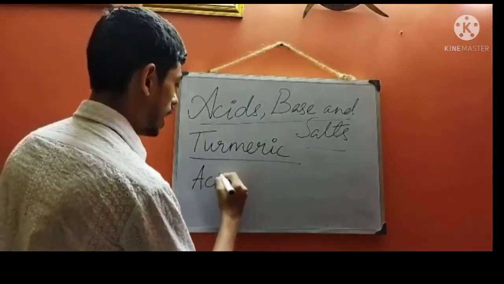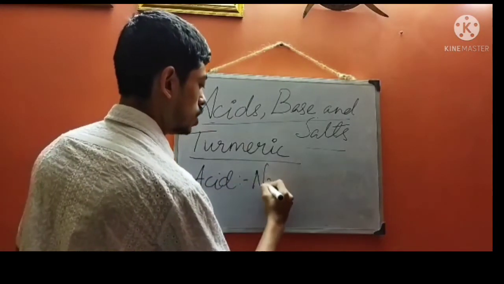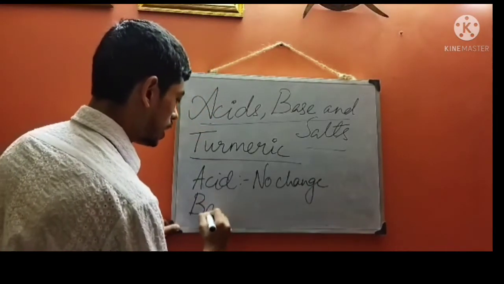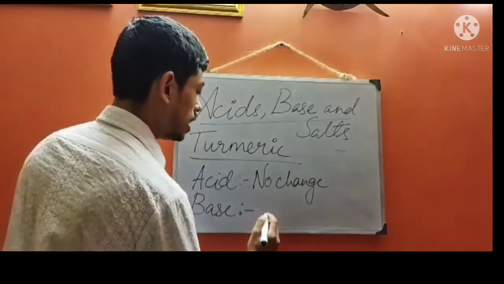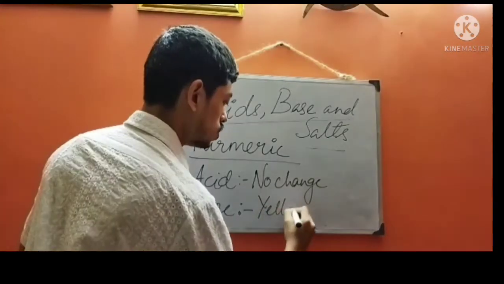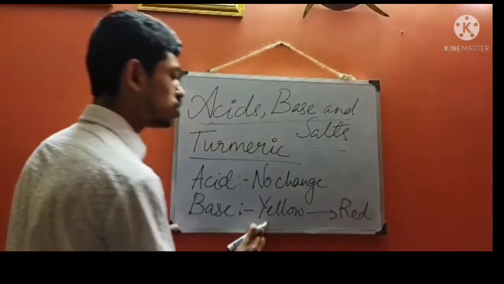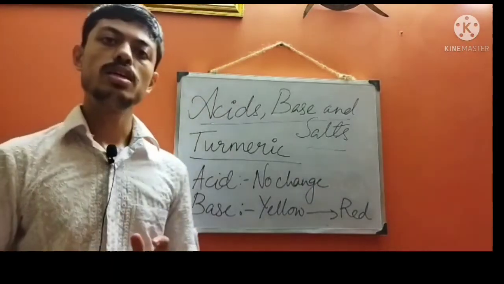So, acid, no change in color, whereas base would turn it red from the usual yellow color of the turmeric.